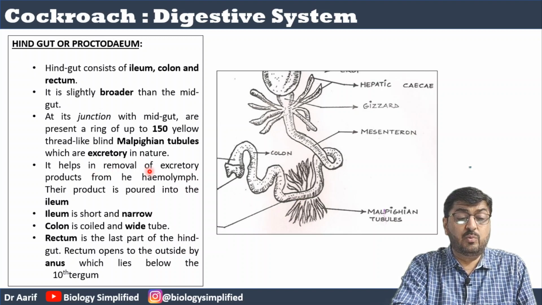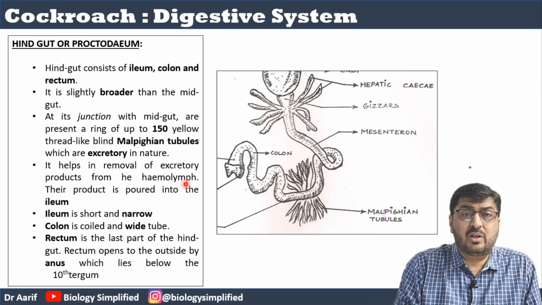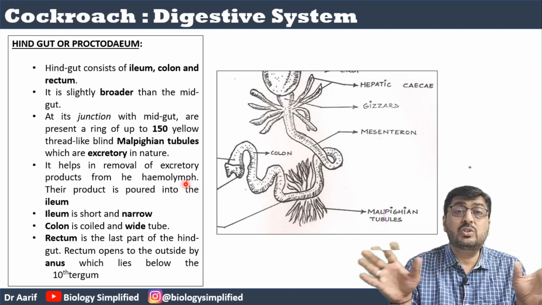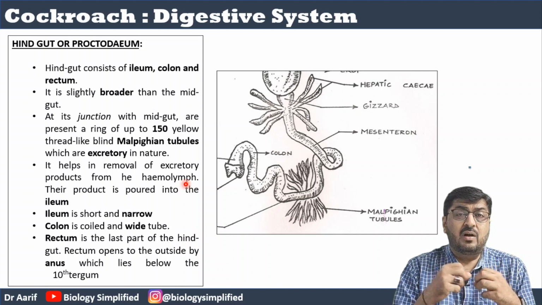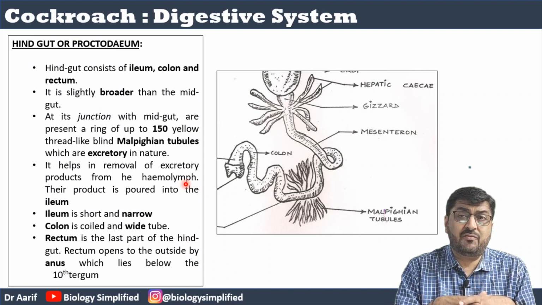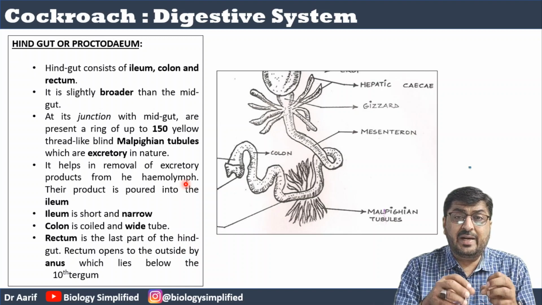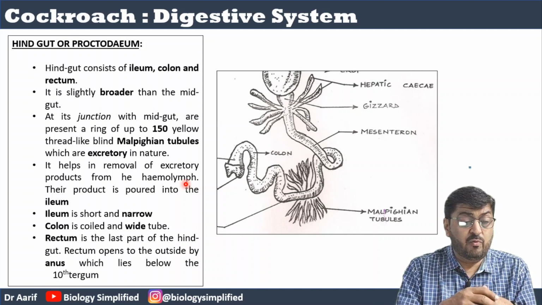It helps in removal of excretory products from the hemolymph. We have done circulation. We know the circulating fluid, open circulatory system है, तो पूरा का पूरा hemocoel is filled with a fluid which is called as hemolymph, right? So whatever excretory products are there from the hemolymph, Malpighian tubules will take up that and dump it into the hindgut from where it is removed.